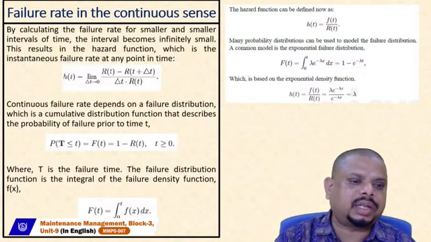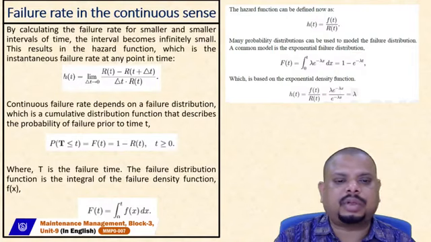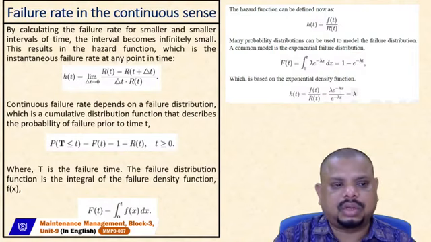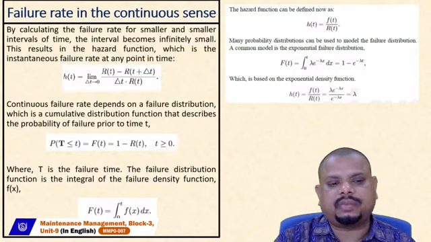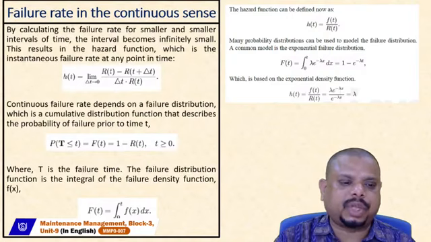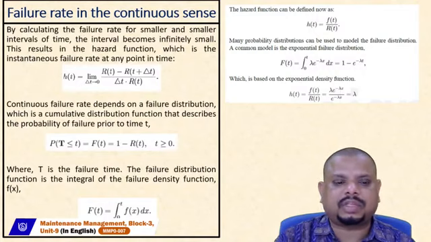Similarly, continuous failure rate depends upon the failure distributions, which is a cumulative distribution function that describes the probability of failure prior to time t. So capital T less than or equal to t equals F(t), and F(t) is expressed as 1 minus R(t). Here t is greater than or equal to 0. This is equation number 2 for failure rate in case of continuous cells.